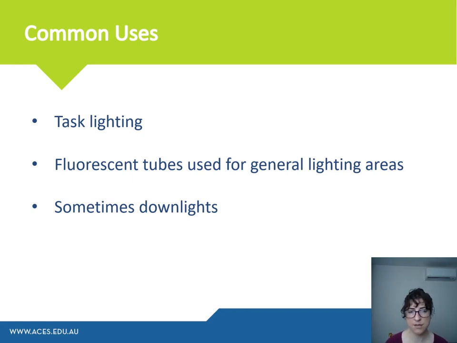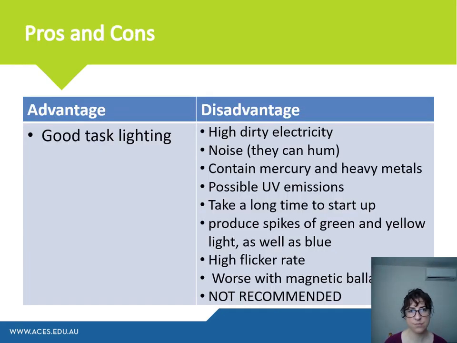Sometimes as downlights, not very often. So the advantage is that they're great for task lighting, that they're really intense and you can see quite well. So if people like bright, intense light for their tasks, especially at night, which some people do, they go for that quite a lot.